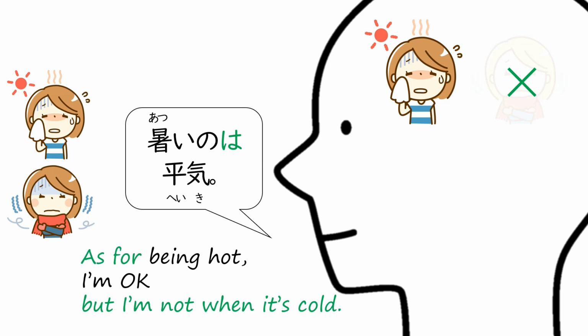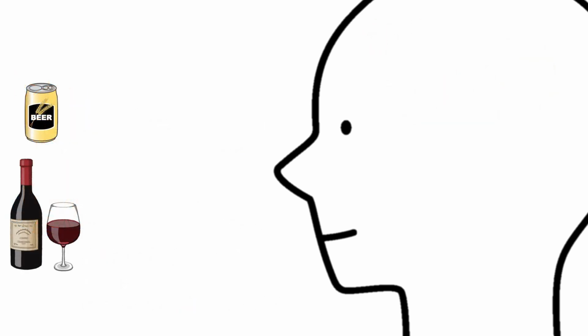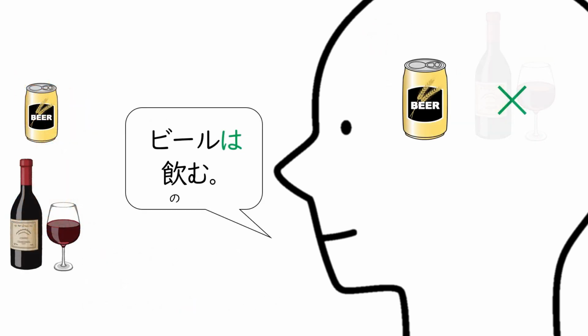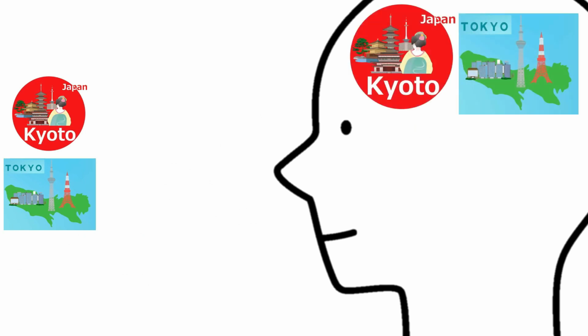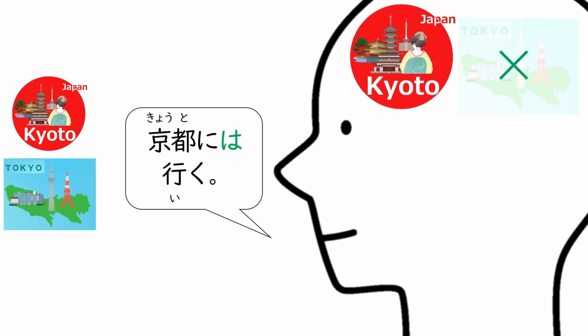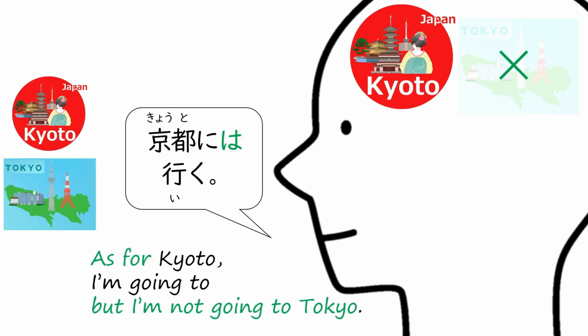As for being hot, I'm okay, but I'm not when it's cold. ビールは飲む. As for beer, I drink it, but I don't drink wine. 京都には行く. As for Kyoto, I'm going to, but I'm not going to Tokyo.